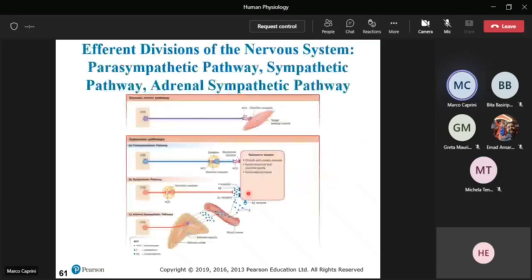And as I told you before, I don't want to spend time with this slide because you should already know the structure of the somatic motor pathway because we already analyzed it, and the autonomic pathway with the parasympathetic and sympathetic pathway.